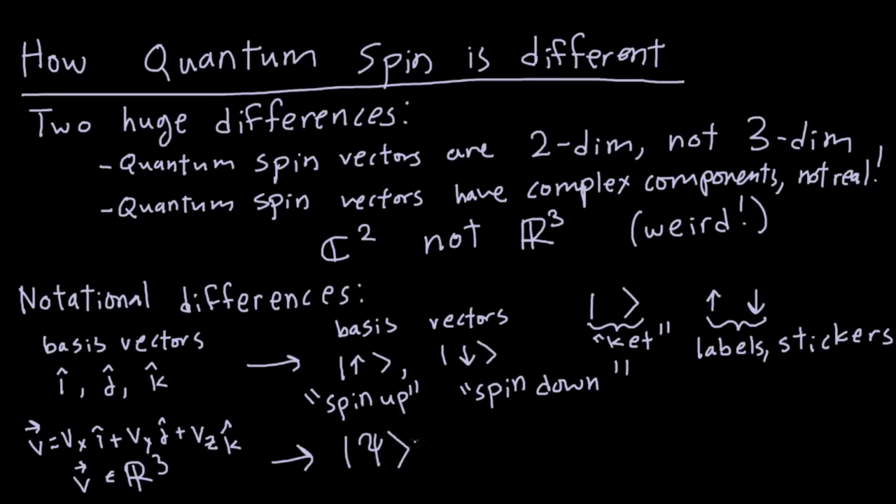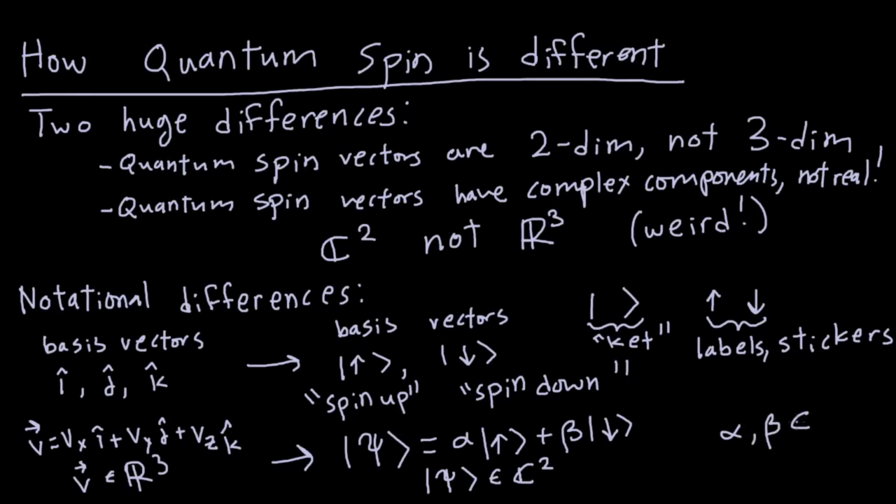It just looks pretty cool. Anyway, this is a vector. This is equal to alpha times the spin up vector plus beta times the spin down vector, where the psi vector is an element of C2, and alpha and beta are each complex numbers.